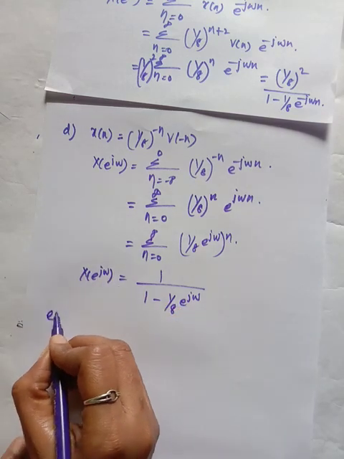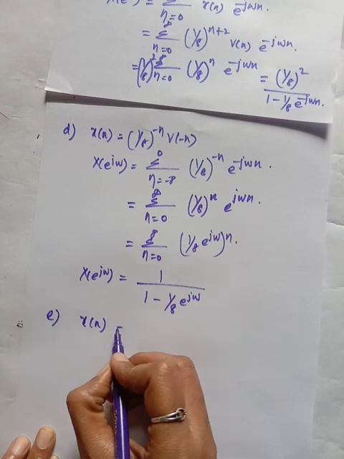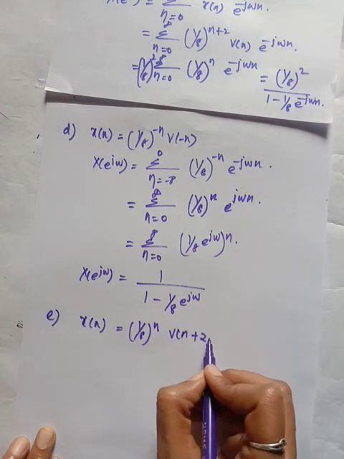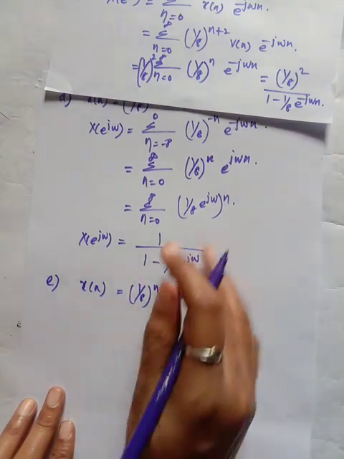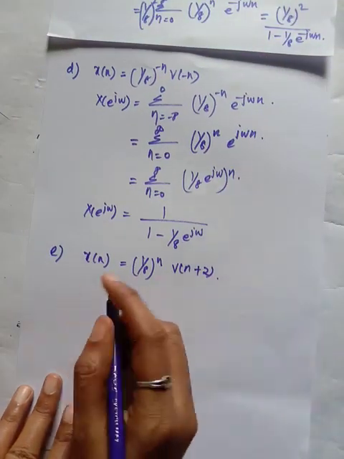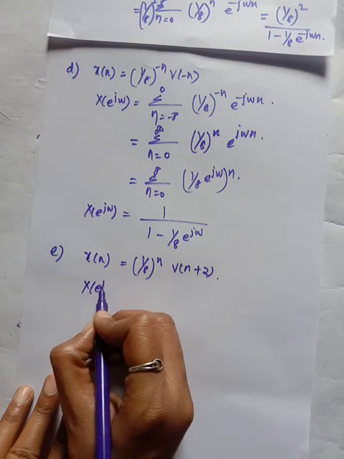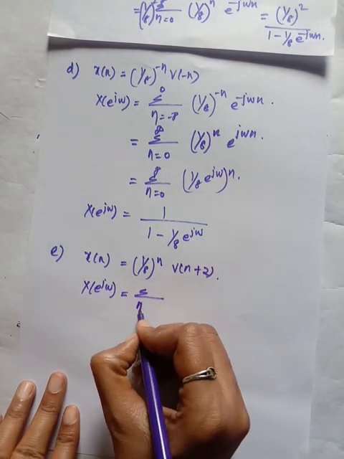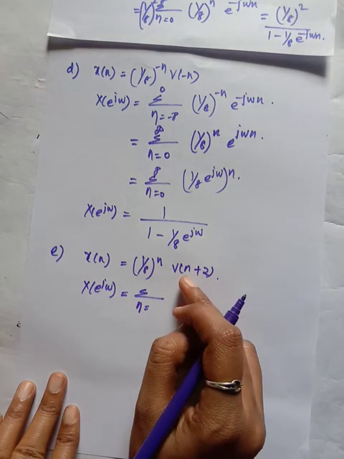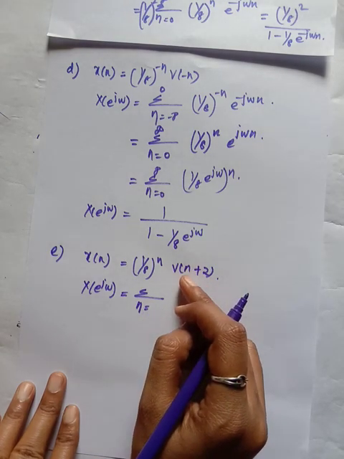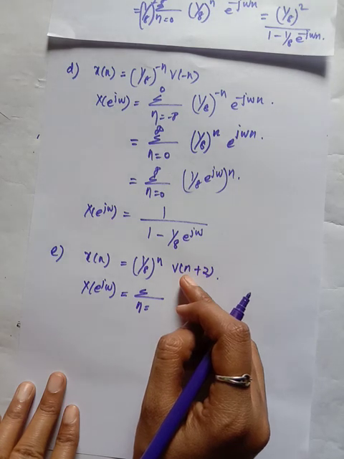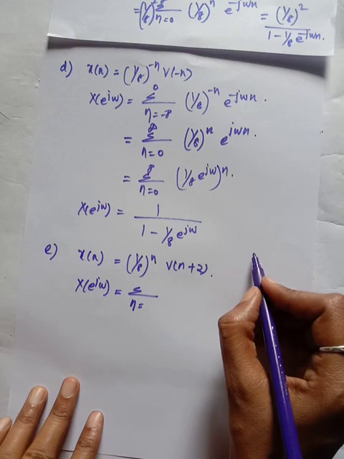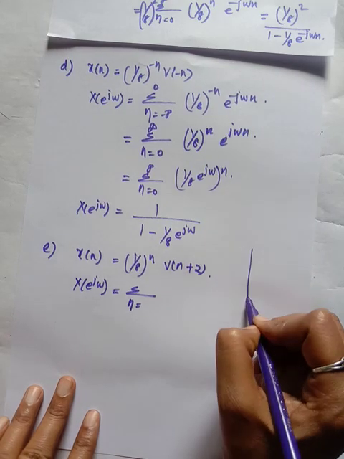Okay, so the next one is x of n is equal to (1/8) to the power n, u of n plus 2. In this problem, we write the same formula, X of e to the power j omega, as the summation. Here, first you need to analyze at which point the signal starts.